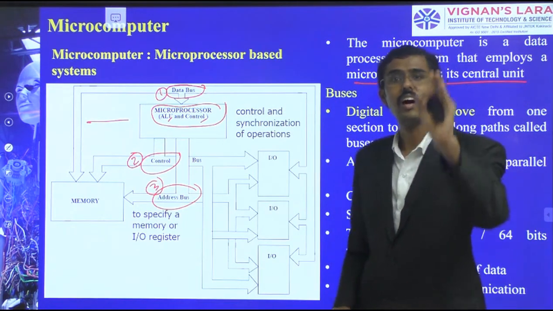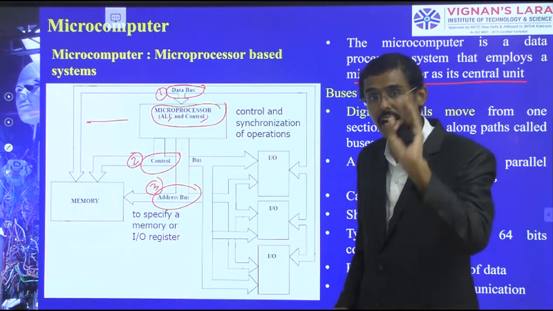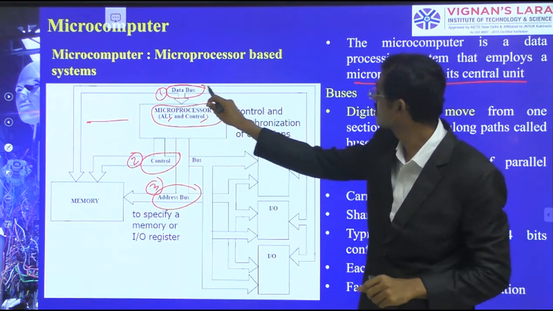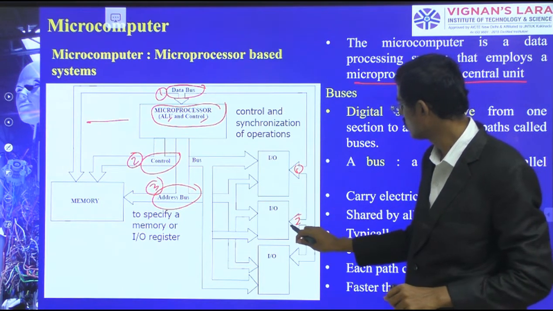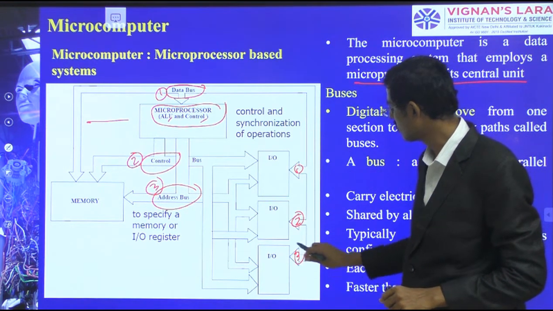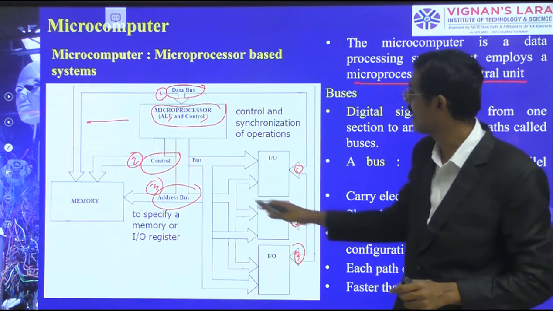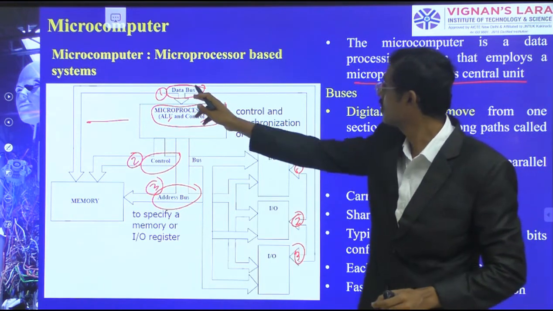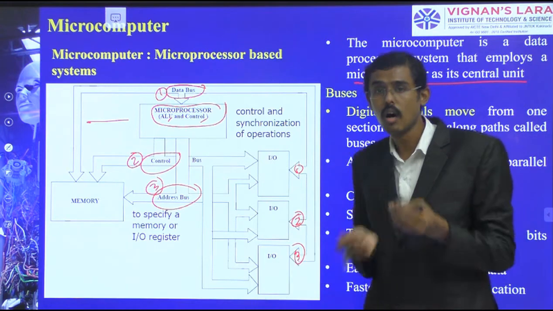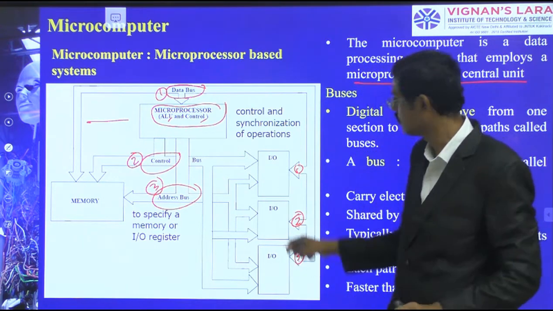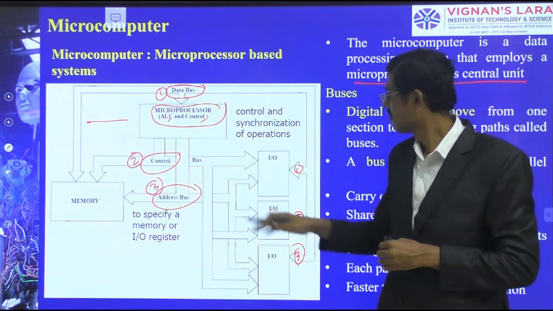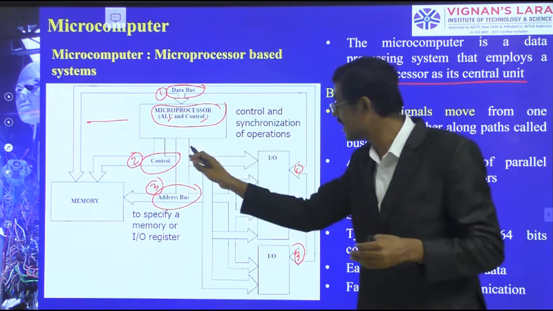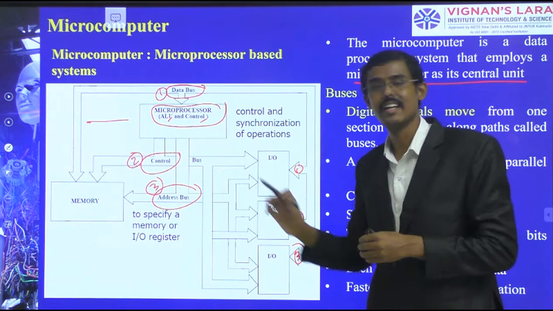These three are connected to the input and output. You see, the data bus is connected to 1, to 2, to 3. Because for input output we have these three layers: data bus, control bus, address bus. All together should reach the input output. Then only, what is the data, what do I want to do with the data, and where is the data?